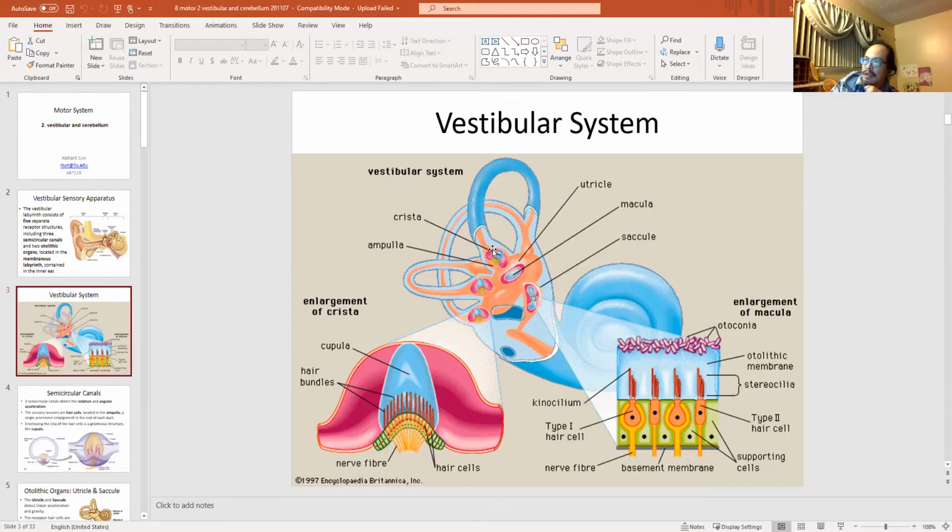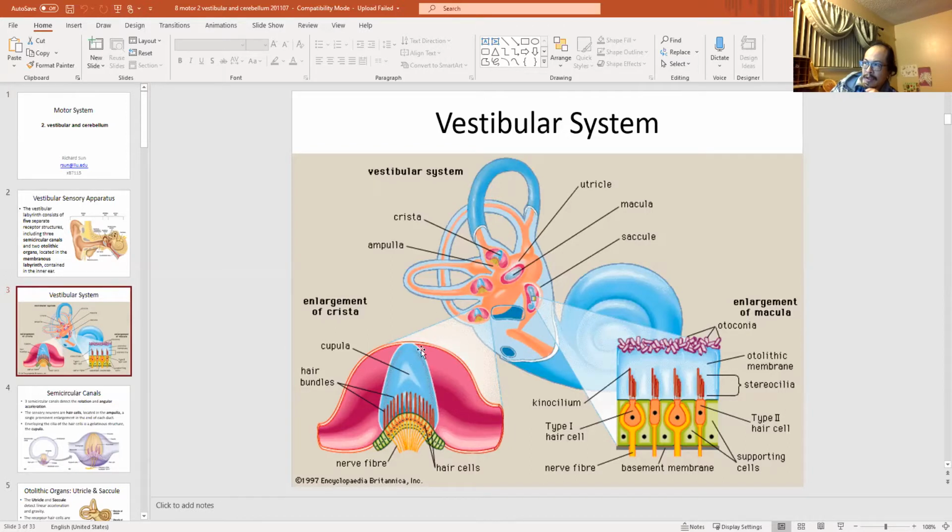So outside we call it an ampulla, inside we call it a crista. Within this ampulla or crista, we see this structure. This is the hair cell. The hair cell body is embedded right here with other supporting cells, and these cilia extrude into this environment, and the cilia are all embedded within this gelatin structure called the cupula.